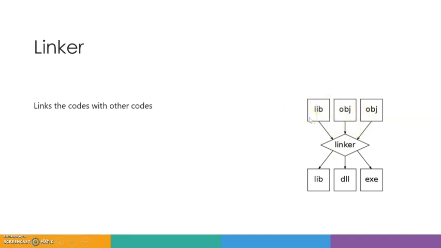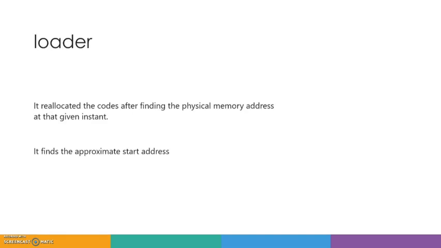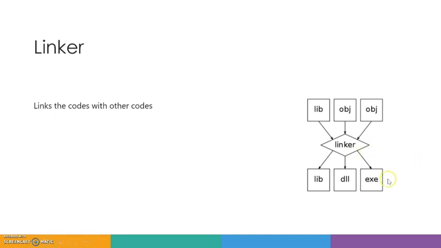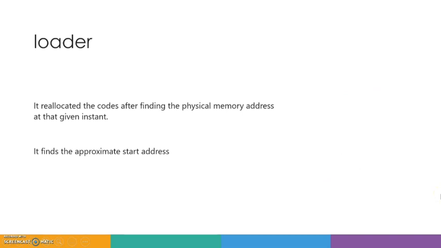So if there are some predefined functions, the linker will also combine the definition of those predefined functions from the library file. So these things are being done with the help of a linker. Linker is combining the object files and also attaching the definitions from the library files. And also it will be converted to the executable format. Okay, so that is the function of a linker. Next one is a loader. We have actually seen what a loader is in the image.